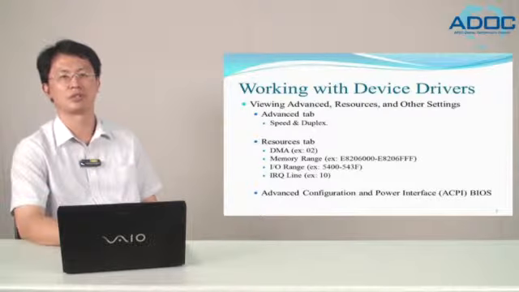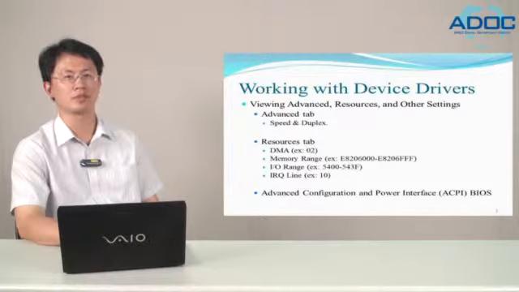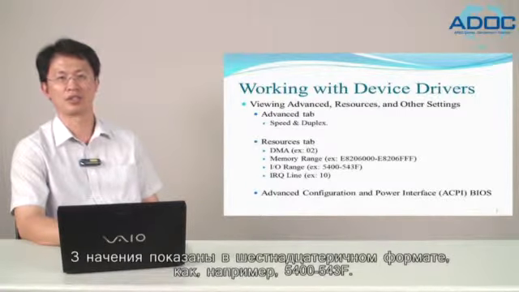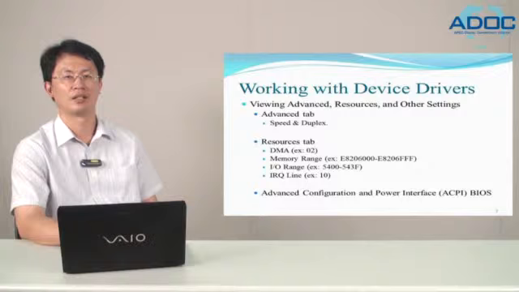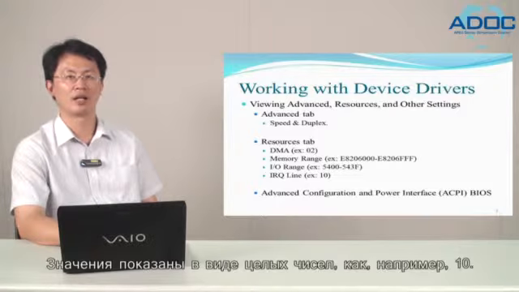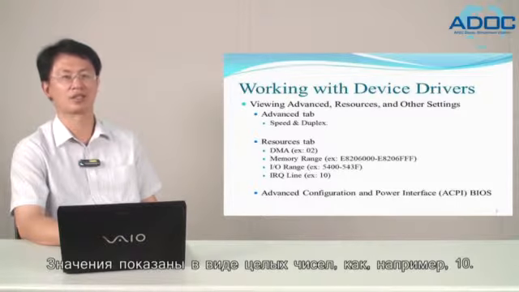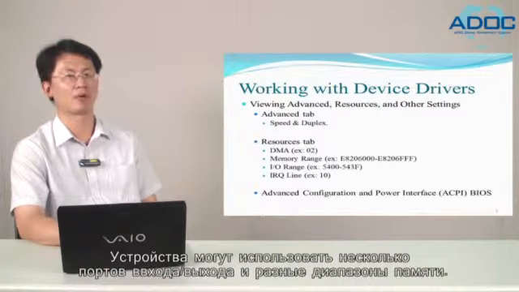And I/O range: the range of the I/O ports used by the device. Values are shown in hexadecimal format, such as this. And IRQ line: an IRQ line used by the device. Values are shown as integers, such as 10. Devices can use multiple I/O and memory ranges.